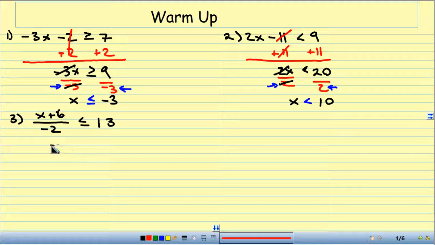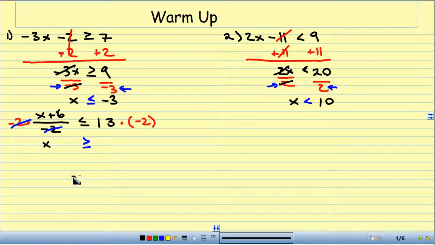For number 3, I have x plus 6 over negative 2 is less than or equal to 13. Well, the way I'm going to get rid of this negative 2 at the bottom is by multiplying by a negative 2 at the top. So when I do that, these two negatives cancel, and the direction of the inequality changes.